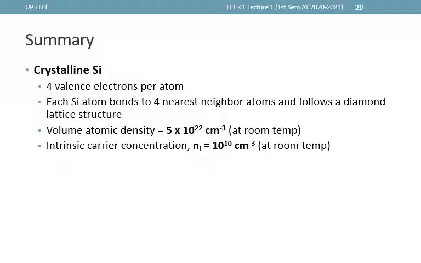Comparing these numbers, we should appreciate that even if some covalent bonds are broken on average, our silicon crystal still mostly remains intact in its crystalline structure. 10 raised to 10 is just a very small percentage of 5 times 10 to the 22 atoms within your crystal.